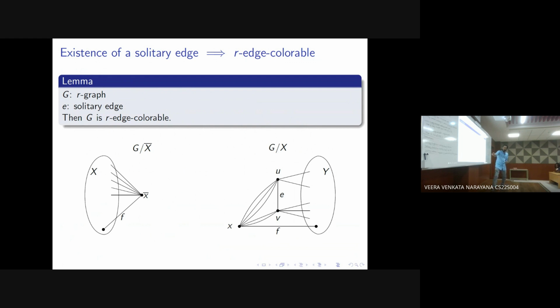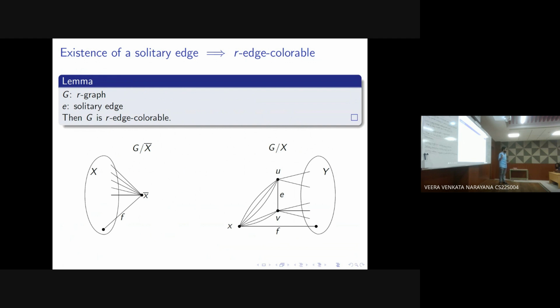Because if you take any perfect matching containing F in G shrink X bar, and any perfect matching containing E in G shrink X, and take the union, it's a perfect matching in the original graph. If at least one of them is not solitary in these two graphs, then it contradicts the assumption that E is solitary in the original graph. So by the induction hypothesis, these two smaller graphs are r-edge-colorable. Therefore, in one of the graphs, we can adjust colors so that our original graph is also r-edge-colorable.